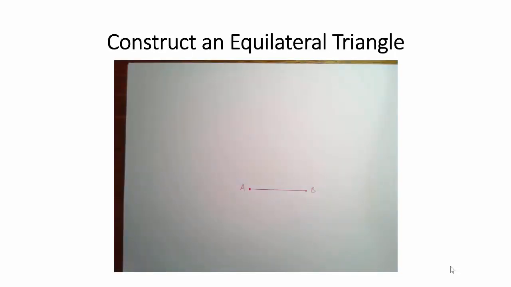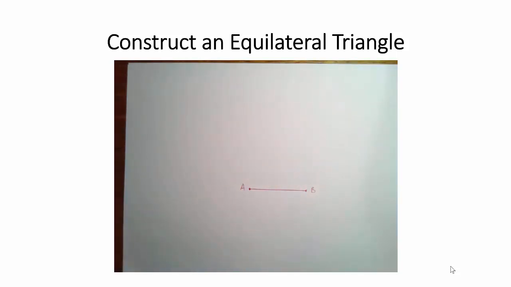Next, I want to construct an equilateral triangle with a given line segment as one of the sides of the equilateral triangle. So this is one of Euclid's propositions that, given any line segment, we can make an equilateral triangle with that line segment as one of the sides.